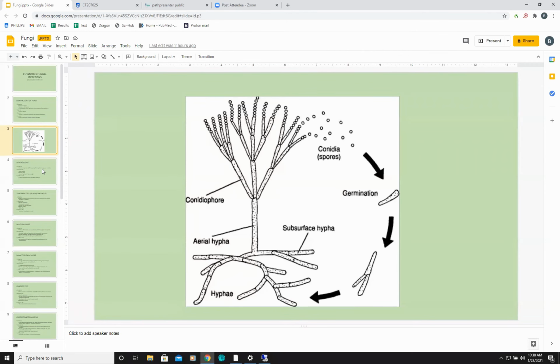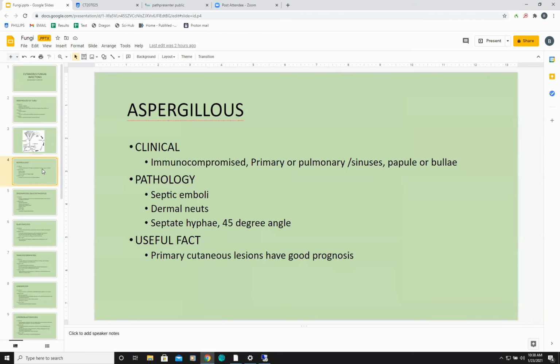So let's go through some of the deep fungal infections. And the first one I wanted to do was aspergillus. This usually occurs in immunocompromised people. It can be primary infection, or secondary due to pulmonary infection or sinus infection.